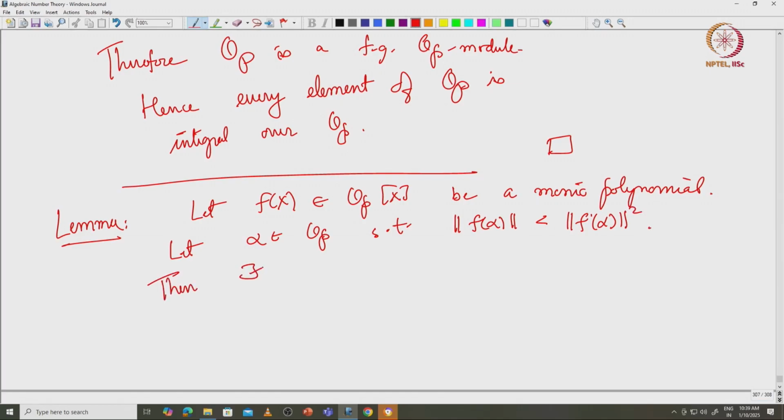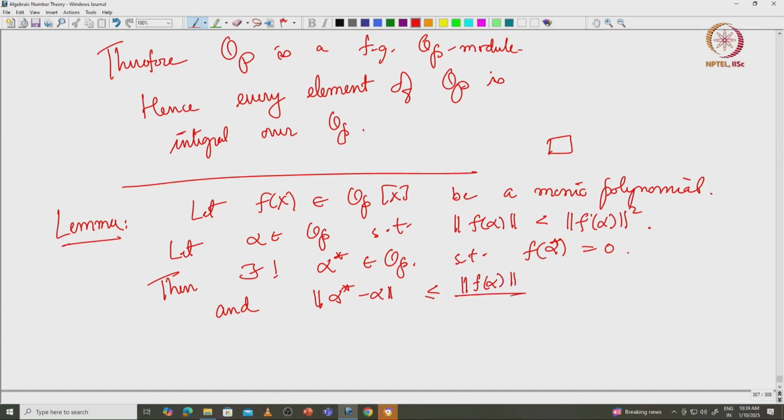Then there exists a unique alpha star in O_P such that f of alpha star equals 0 first of all, and the valuation of alpha star minus alpha is less than or equal to the valuation of f of alpha divided by the valuation of f prime of alpha, and this thing in turn is strictly less than the valuation of f of alpha.